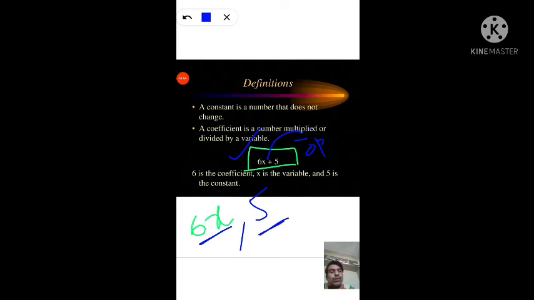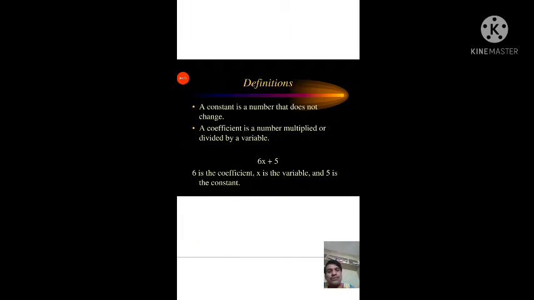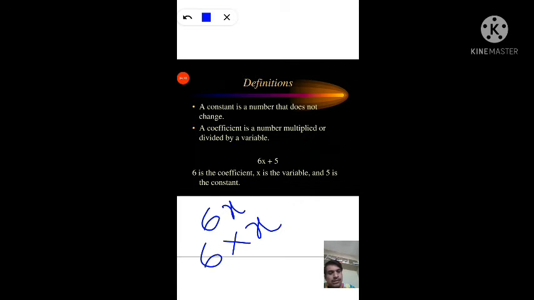In this particular expression, we are having a term 6x and another term 5. If I ask you what is the coefficient of x in this first term, then it is obvious that you could say 6 is the coefficient of x. Why is 6 the coefficient of x? Because 6x is nothing but 6 multiplied with x. And you know clearly 6 into x is x added 6 times, because multiplication is repeated addition.